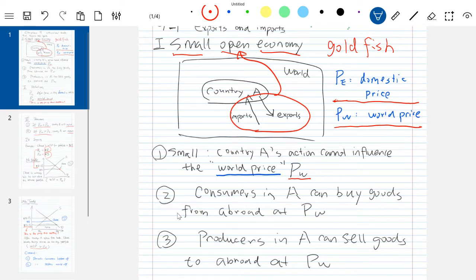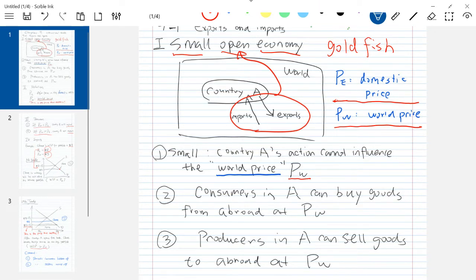And also, if consumers in country A have the option to purchase goldfish from other countries at PW, and producers in country A have the option to sell goldfish abroad at PW, then we're going to call country A a small open economy.